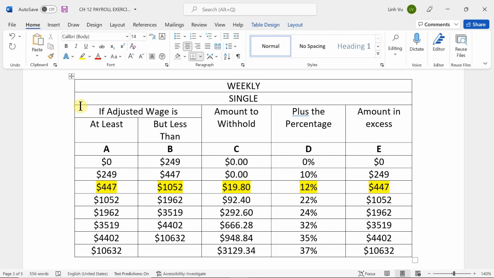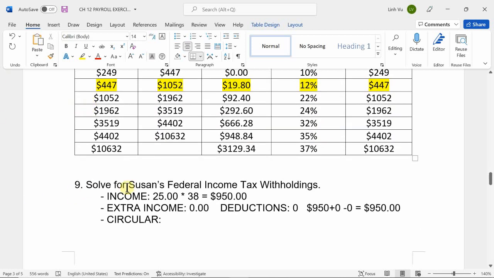How much did the government let you keep? 447. So where are you subtracting that 447 from? From the 950. Good. 950 minus 447, we got 503.